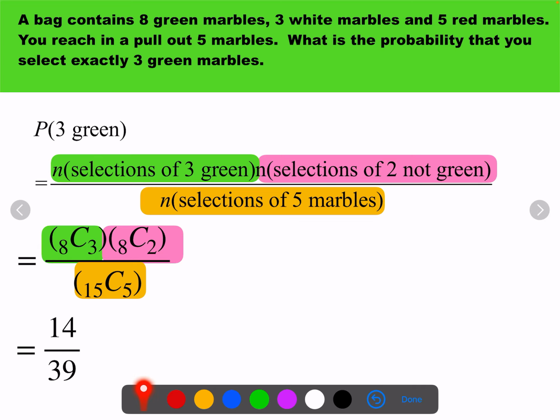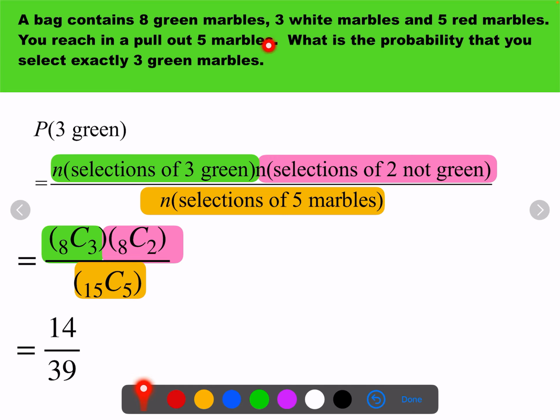All right, now, before we move on to convert this to a probability distribution, I want to talk a little bit about what makes this special type of non-uniform distribution called a hypergeometric distribution. In a hypergeometric distribution, oftentimes we are reaching in and pulling out a bunch of things at once.